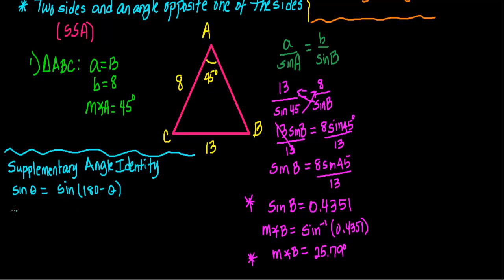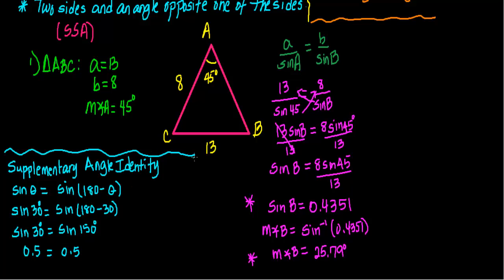For example, sine of 30 degrees is going to be equal to sine of 180 minus 30. That means that the sine of 30 degrees is equal to the sine of 150 degrees. Now, if you don't believe this, go ahead in your calculator. Look for the sine of 30. You will get 0.5. And look for the sine of 150. You will also get 0.5.